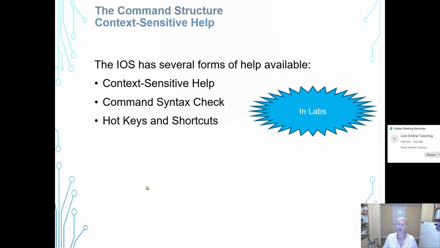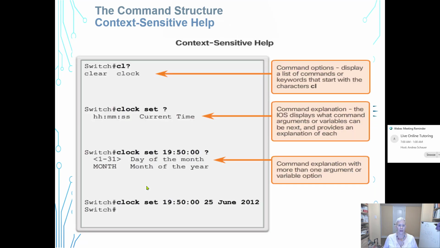When you are inside of the command line, there are other ways to get help that have been built into the Cisco IOS, and these are called context-sensitive help. Hotkeys, using shortcuts, and things like that. One of the context-sensitive help is using the question mark. There's a couple of different ways you can use the question mark.